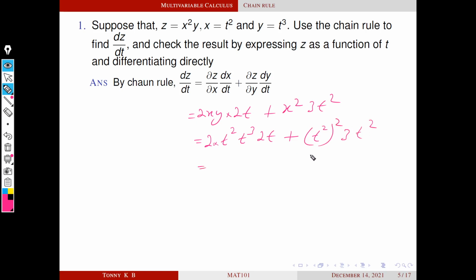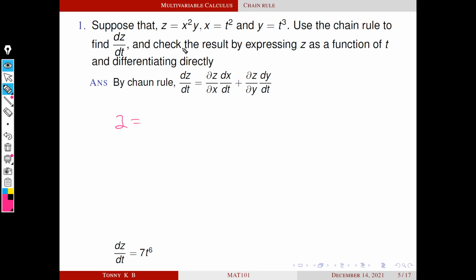Right. So you can simplify this. Yes, this is 4t raised to 6. This is 3t raised to 6. So total 4 plus 3, 7t raised to 6. Okay. So dz by dt is equal to 7t raised to 6. Next, we have to express z in terms of t, then differentiate.